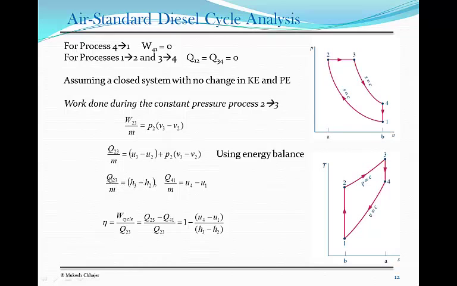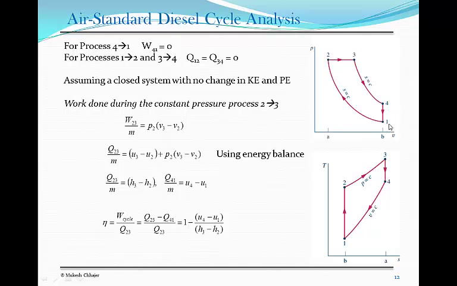Now, if you go back and look at the overall energy balance, that would give us basically Q23 as change in enthalpy, because U3 plus P times V3 would be the enthalpy at state 3, and U2 plus P times V2 would be the enthalpy at 2. So this can be simplified to this.